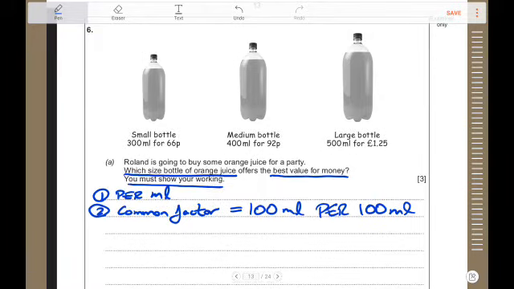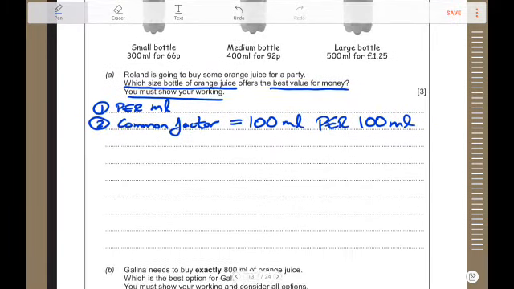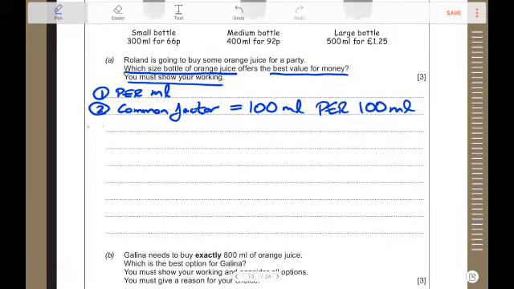It's a bit like ratio, and we can use ratio to work out our answers. If we look at the small bottle, it's 300 millilitres to 66 pence. To work it out for 100 millilitres, I divide by 3.